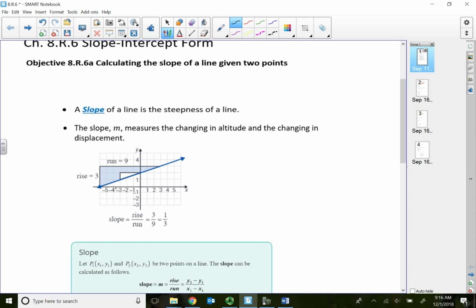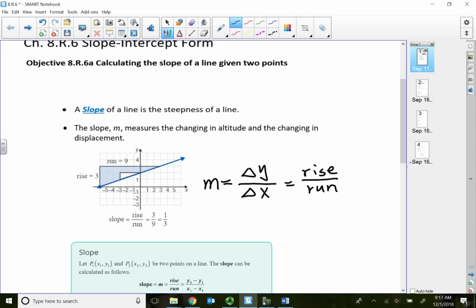That refers to a line going up the hill from left to right. We rise so many, that's the change in altitude, versus the change in displacement. The change in altitude is called delta y. Delta y symbolizes the change in altitude over the change in displacement, which leads to our saying rise over run.